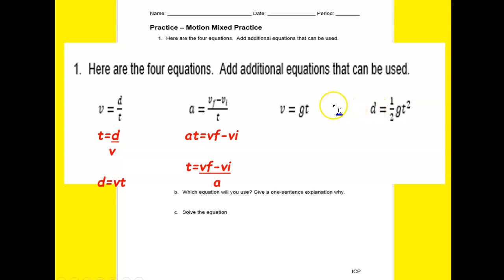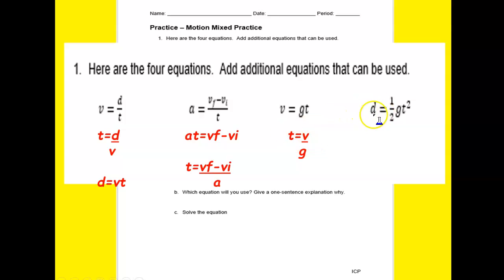When you're given information, it's generally always going to be given time, but there's times in which you might be given velocity. If you are given a free fall problem where you're given velocity, then you would rearrange the formula like this to solve for time.